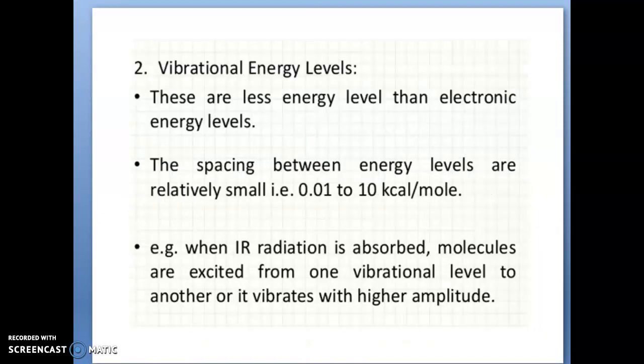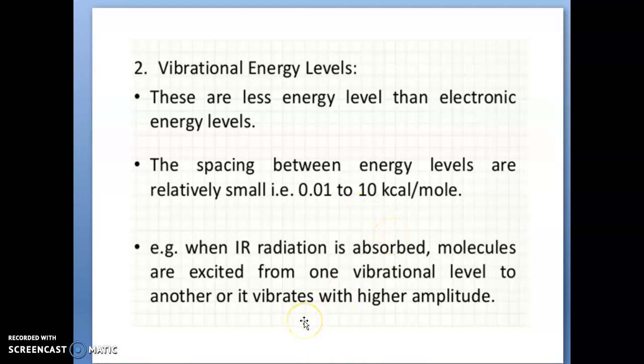Then considering vibrational energy levels, these have less energy than electronic energy levels, so energy transfer between vibrational energy levels happens only by absorbing a suitable wavelength. The vibrational energy level spacing is 0.01 to 10 kilocalorie per mole.